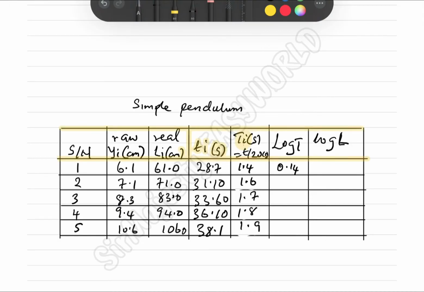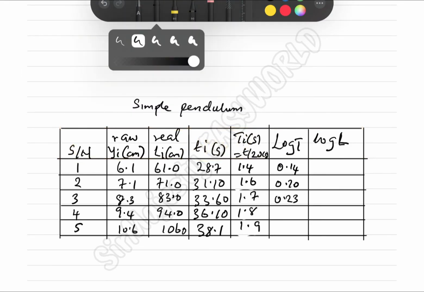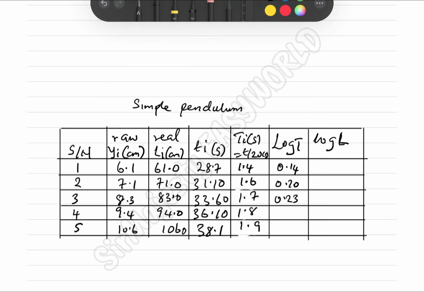With this we will get 0.2, 0.23, 0.23 again, approximately, and 0.27. Then you are required to take log L.